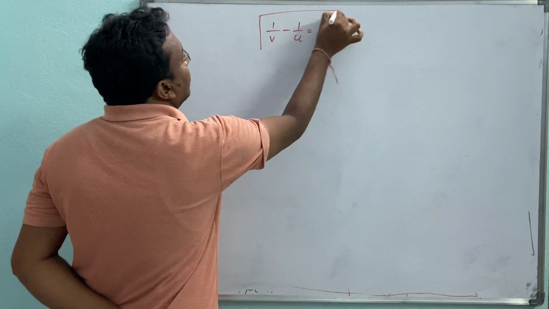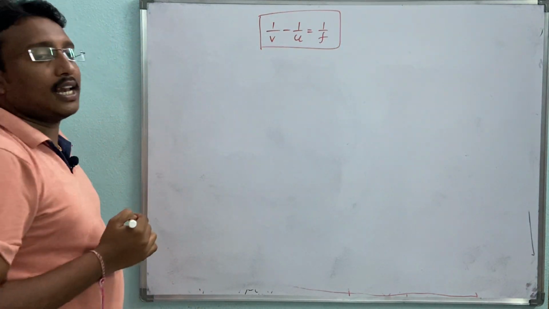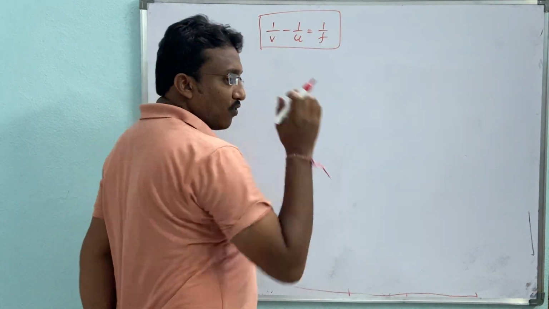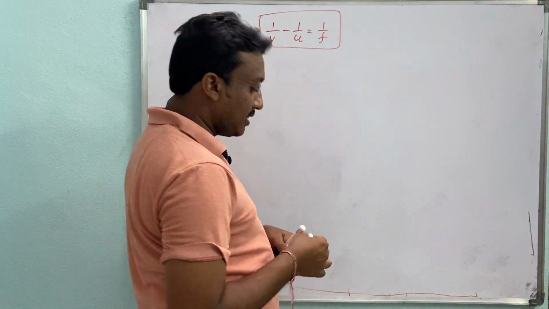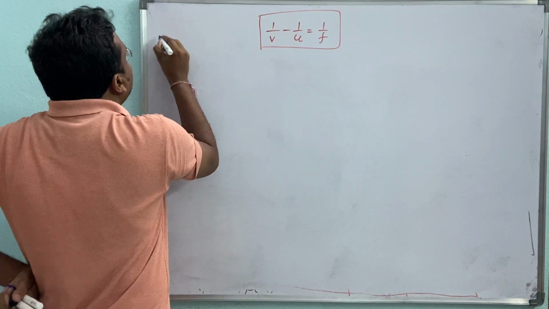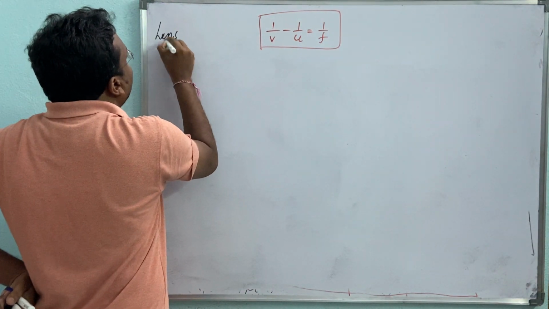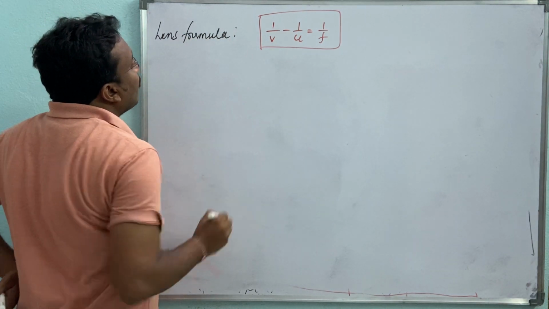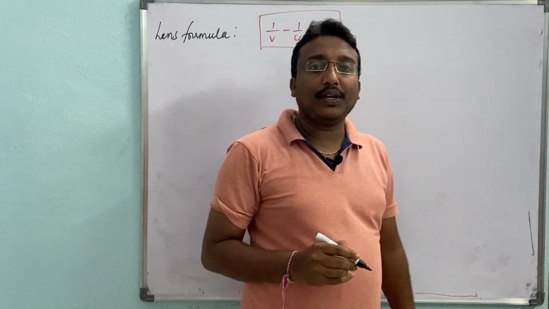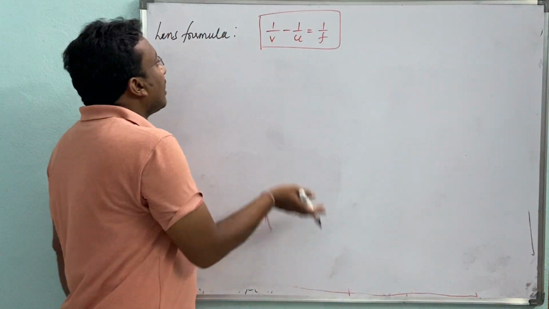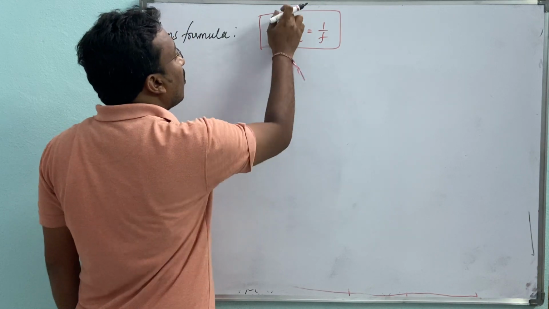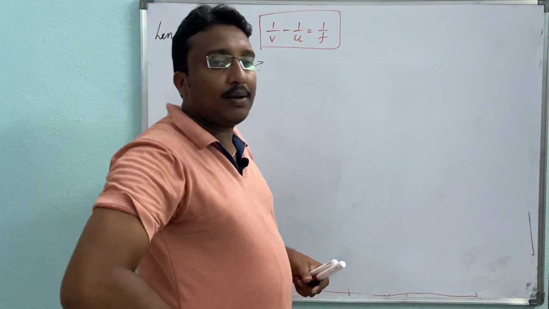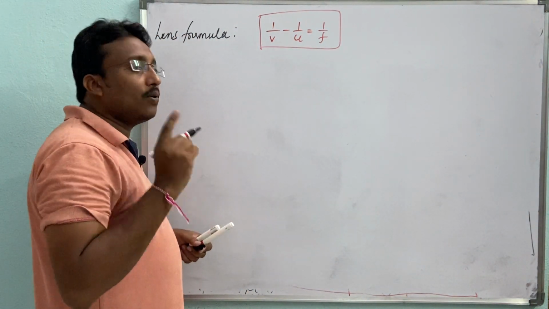This relation is called the lens formula. We have discussed the mirror formula, 1 by v plus 1 by u equal to 1 by f. Here in the lens formula, 1 by v minus 1 by u equal to 1 by f.